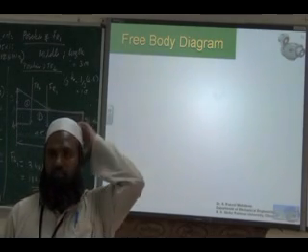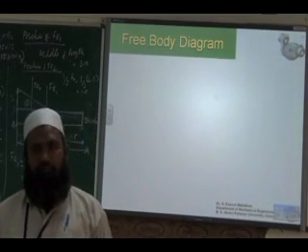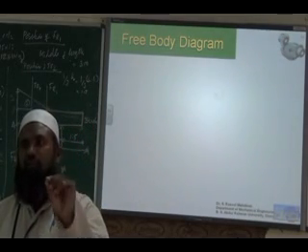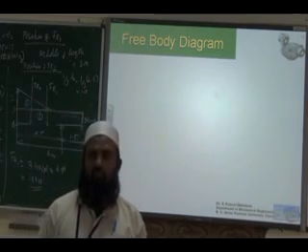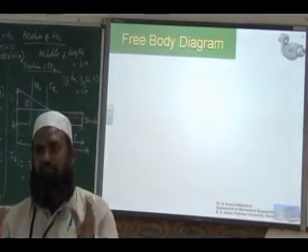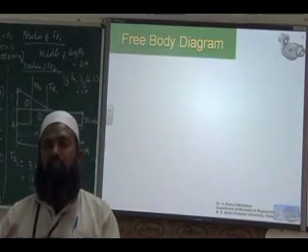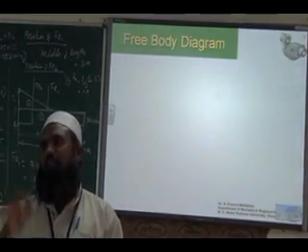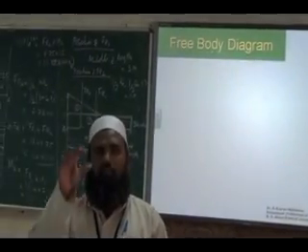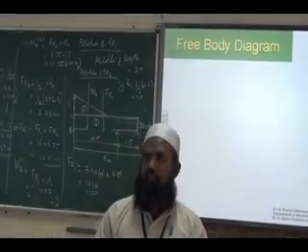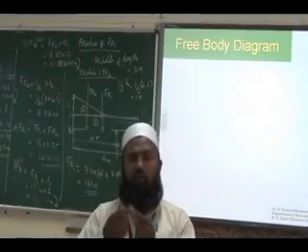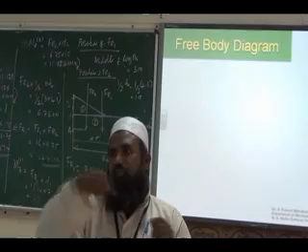If you remember what we did in our equilibrium of particle, we first found the free body diagram. What is the free body diagram? It's an isolated diagram of an object which shows all the forces acting on it. So we have to consider a part which accounts for all the forces. In the particle case, the particle may be a hook which is pulled by many cables.